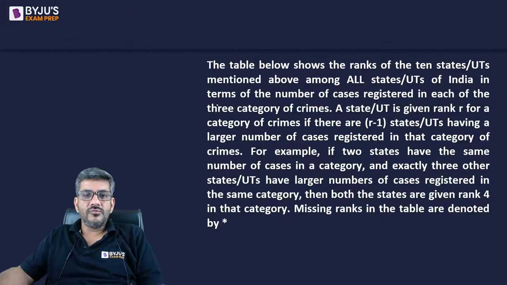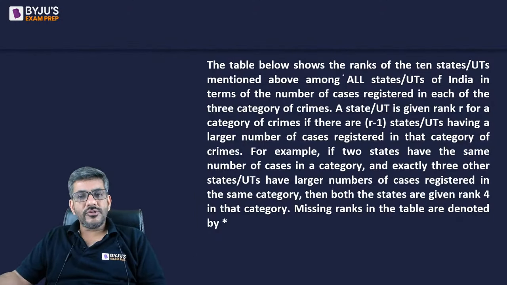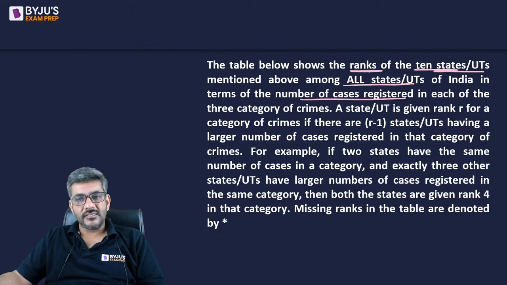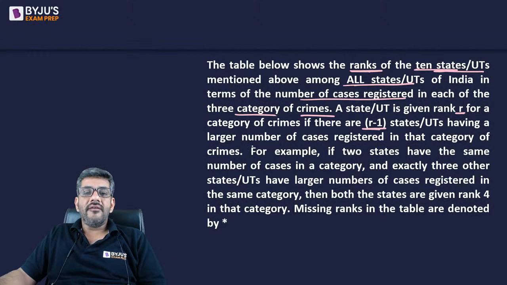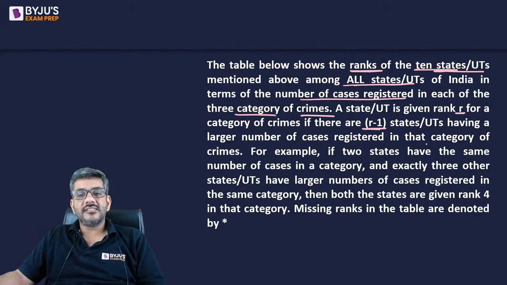Okay, what more? The table below shows the ranks of the 10 states or UTs mentioned above among all states or UTs of India in terms of the number of cases registered in each of the three categories of crimes. A state or UT is given rank R for a category of crimes if there are R minus 1 states or UTs having a larger number of cases registered in that category of crimes.